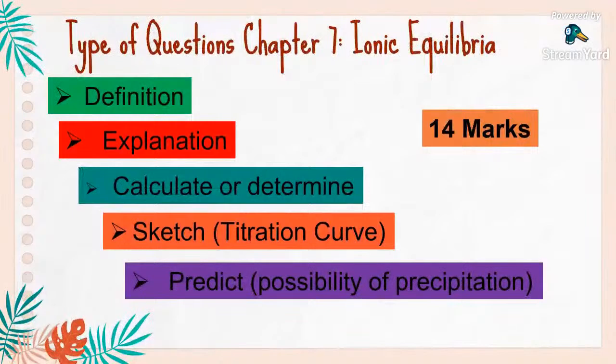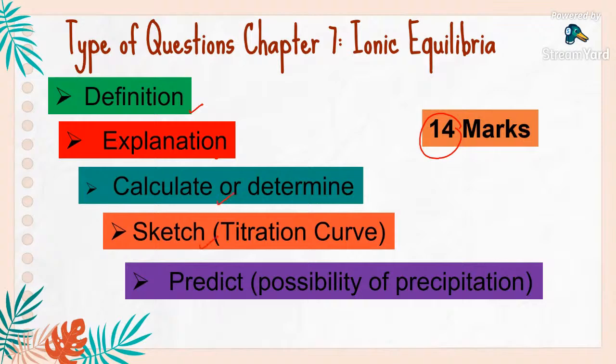All right, now we'll go on to chapter 7. The allocation of marks is 14 marks. The types of questions that they may ask in this chapter would be definition, same thing, we have definitions, explanations, calculate, and sketch.